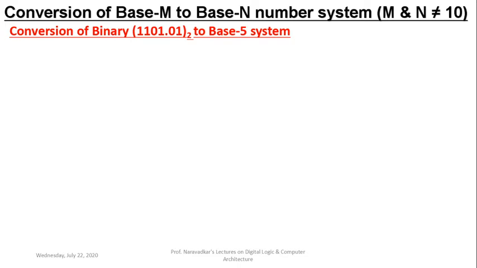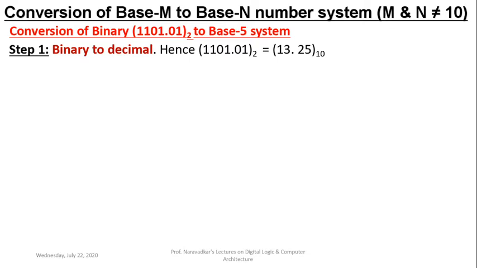Now here, step number 1, the given binary number is first of all converted to its decimal equivalent. As we have performed such examples earlier, this binary number I can simply convert into its corresponding decimal, and it comes to be 13.25 decimal.